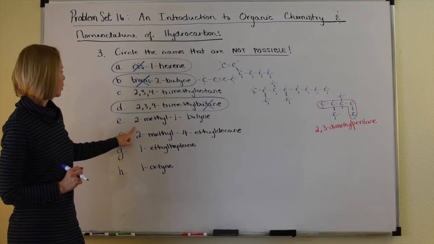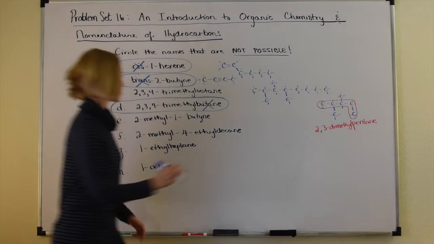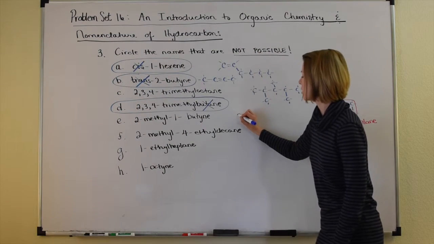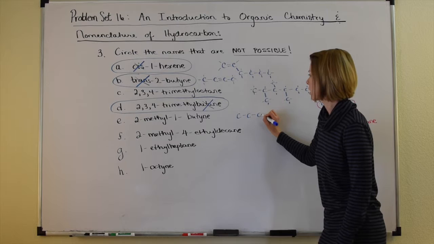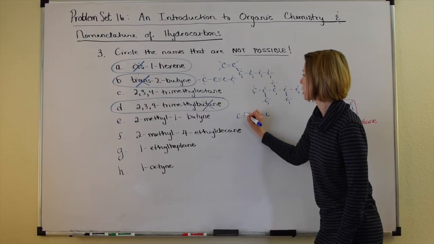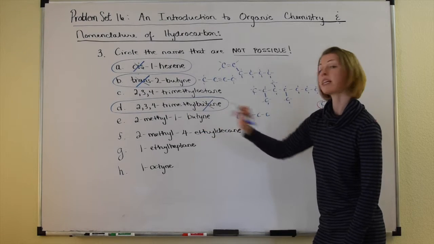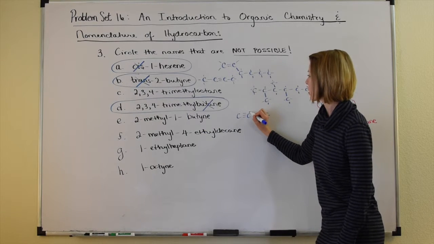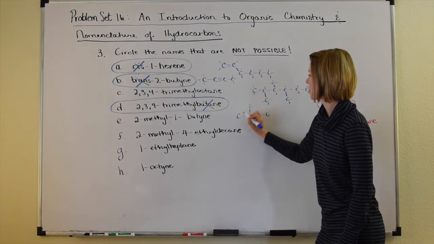All right, 2-methyl 1-butyne. So butyne is 4 carbons with a triple bond at the 1 position. Okay, and then in the name we're indicating a 1 carbon branch at the 2 position.